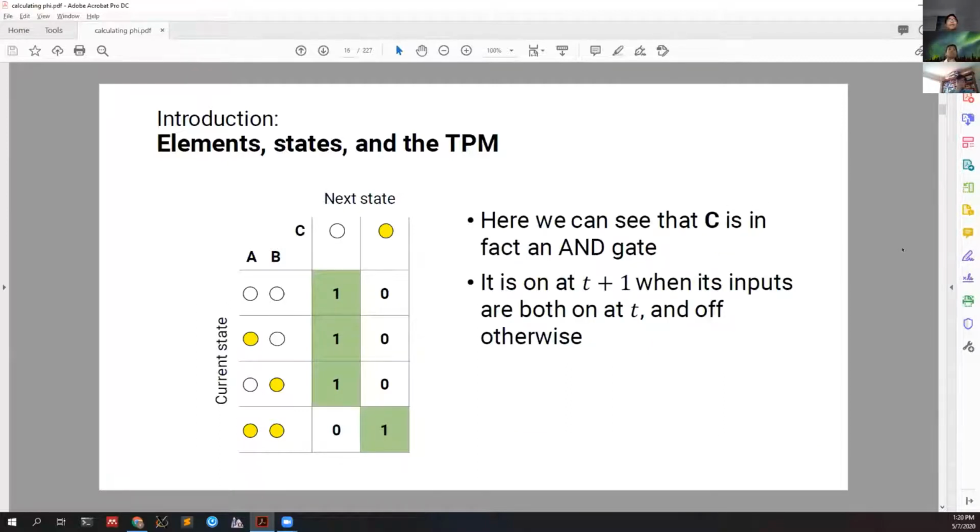This is the TPM for element C. And as you can see, in this case, C can be considered as an AND gate, because the state of C can be on only when C received on input from both A and B, and otherwise C will be off.